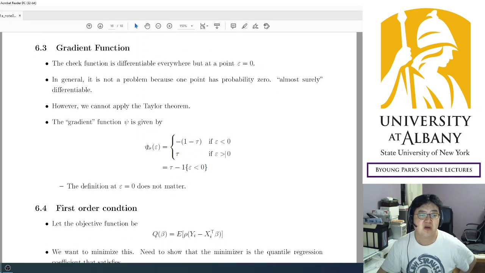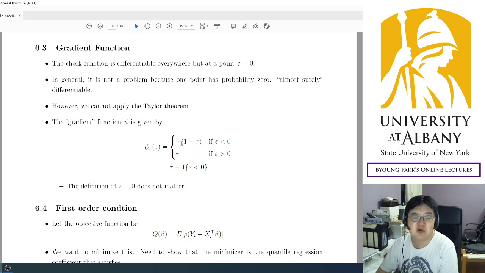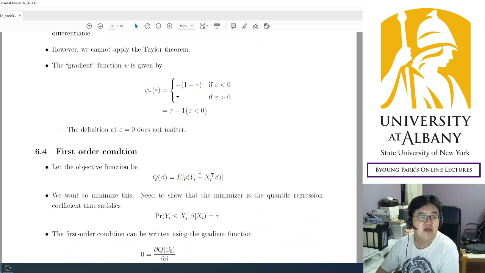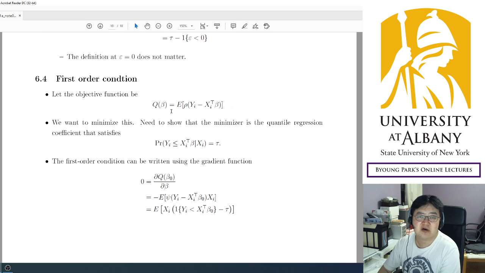On the positive side, the derivative is tau, and on the negative side, it is minus (1 minus tau), which may be written in this way. Then think about the criterion function.